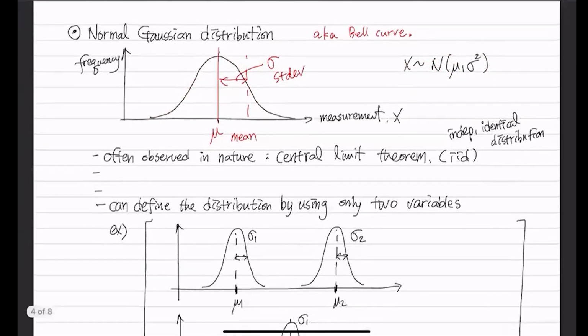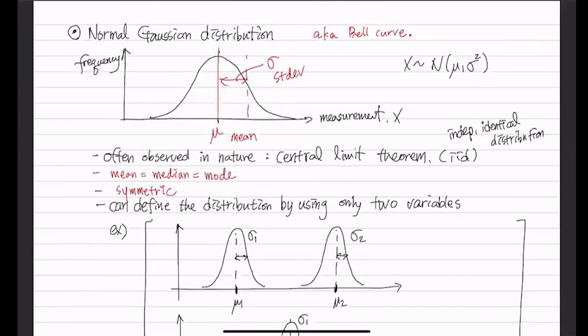And the property of this normal distribution is that the mean, the median, and the mode are identical. They're just the same, all right? It's just the center of this distribution. And you can definitely tell it's a symmetric distribution with respect to that center point, or the mean value.